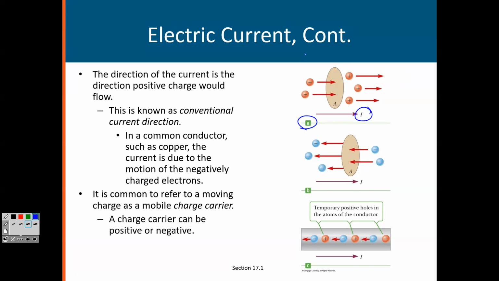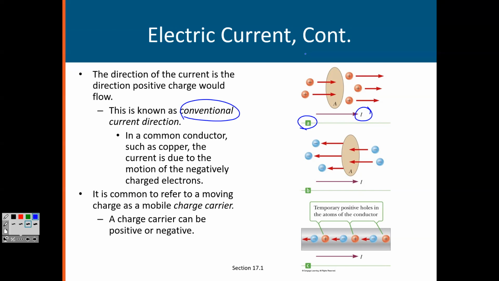But when negative charges flow, here shown flowing to the left, the direction of the current is not the same as the charges flowing, but in the opposite direction. Please pay attention to that. There is a difference because of convention, and convention means agreement.